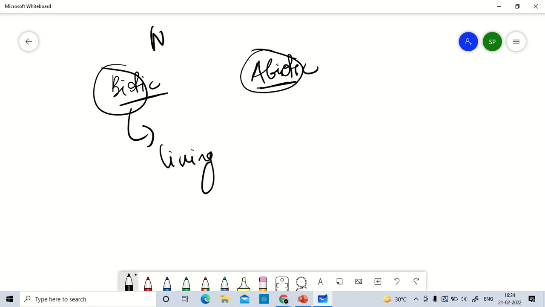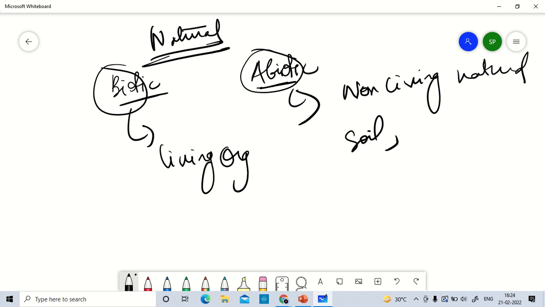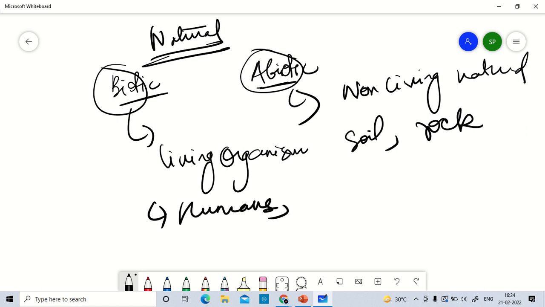Both are natural, naturally found. Abiotic ones will be the non-living natural resources, such as soil, rock. Biotic would be humans, your pets, whatever.